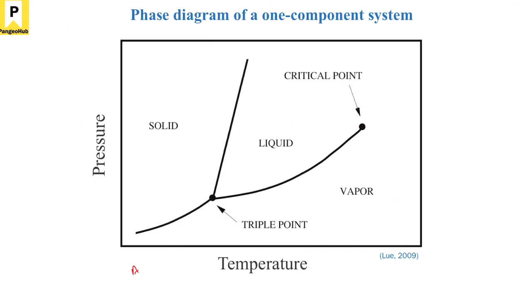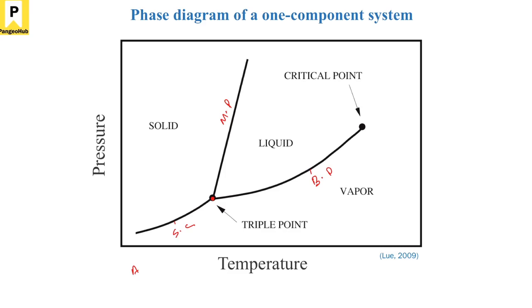In this diagram, the melting point curve, which separates the solid and liquid phase fields, has a positive and steep slope, and then you have liquid and vapor phase fields which are separated by the boiling point curve, which is also positive but shallower, and then you have the sublimation curve, which is separating the solid and vapor phases, and all these three curves intersect at the triple point where you have all the solid, liquid and vapor phases, all the three phases coexisting together.